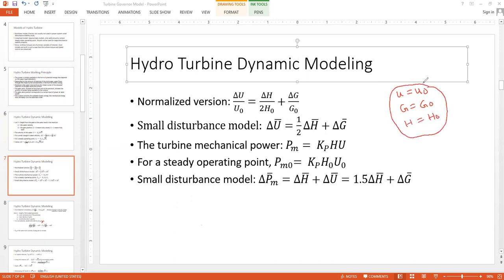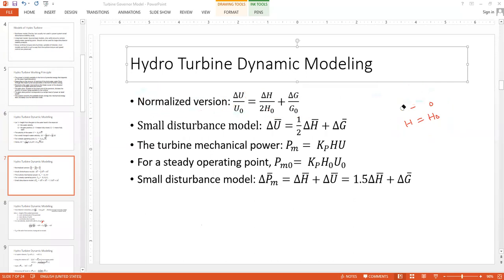So now if you normalize your expression of del U, then this model, the normalized version, becomes valid for any operating point, okay? Because it is in normalized version. It is for any combination of U0, H0, and G0. So it becomes a scaled version.